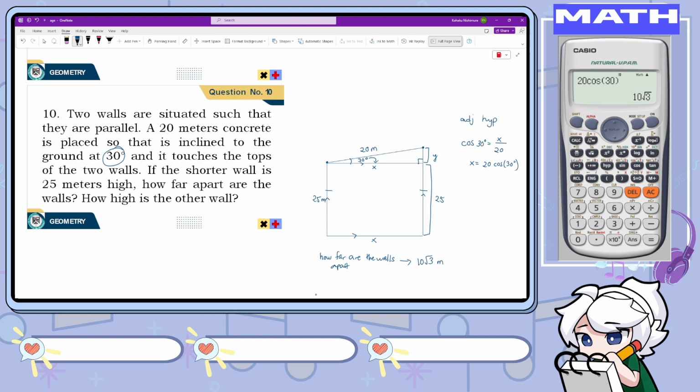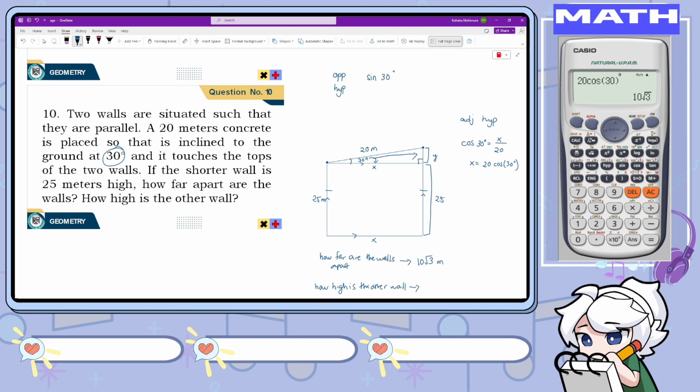We are left with one more question. How high is the other wall? We don't have a value for y, but we can solve that in terms of 30 degrees and 20 meters. If we use this information, y is our opposite and 20 is our hypotenuse. So we can use sine.